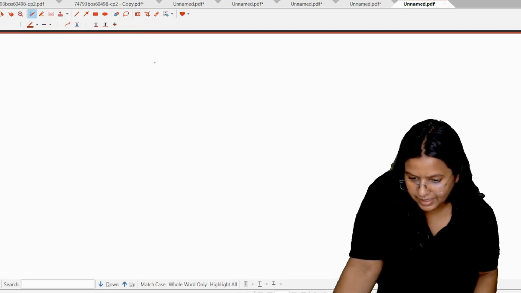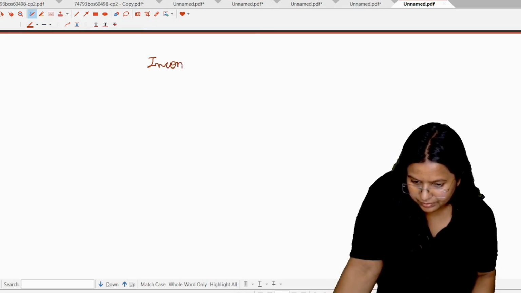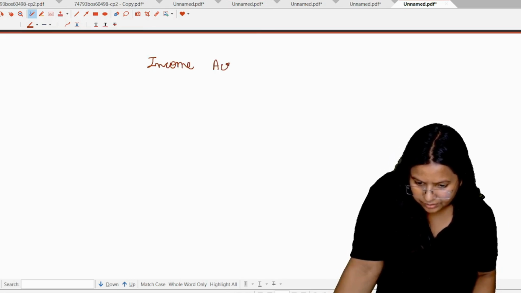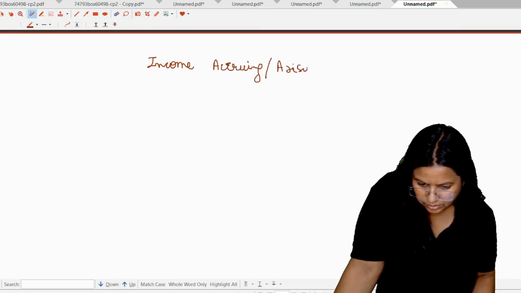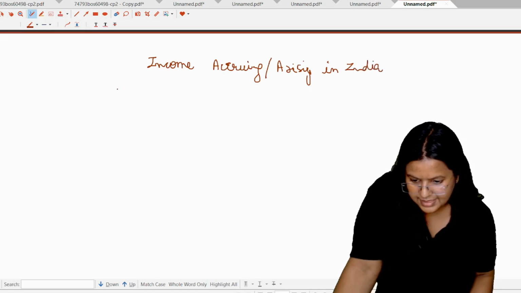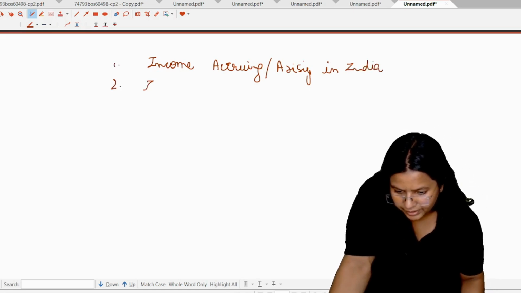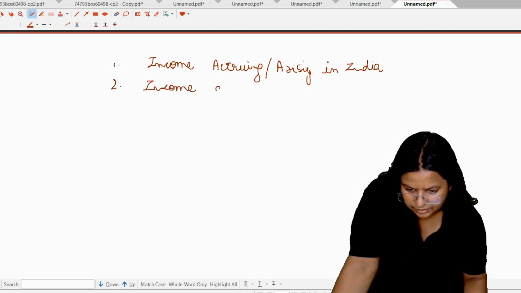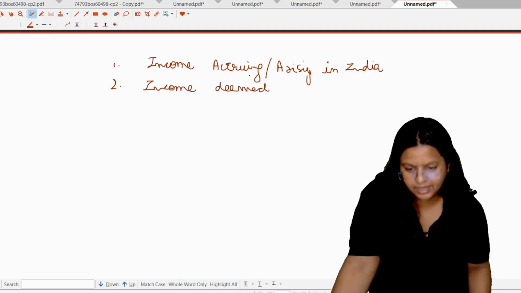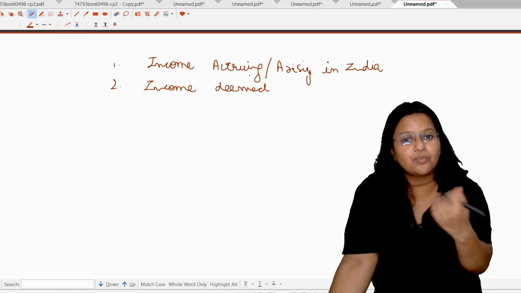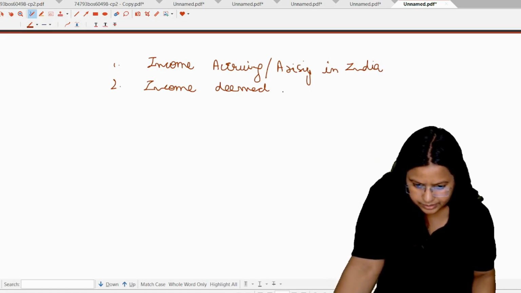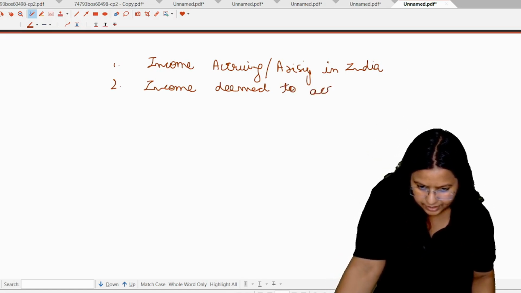The first income is income accruing or arising in India. Second is income deemed to accrue or arise in India. Deemed means that actually that income is not accruing in India, but we are supposing it.